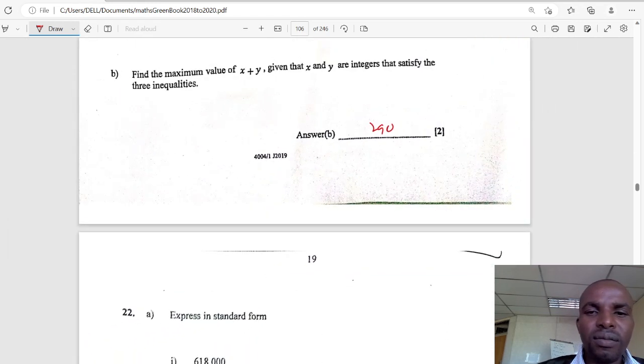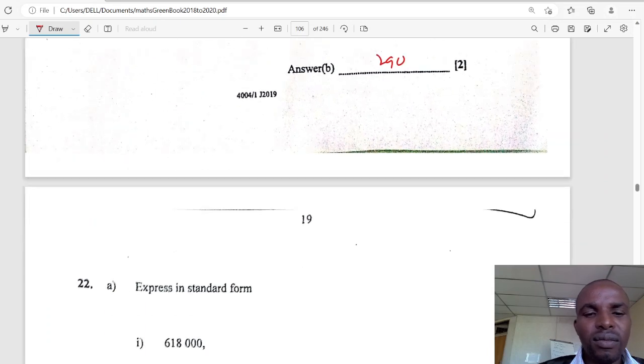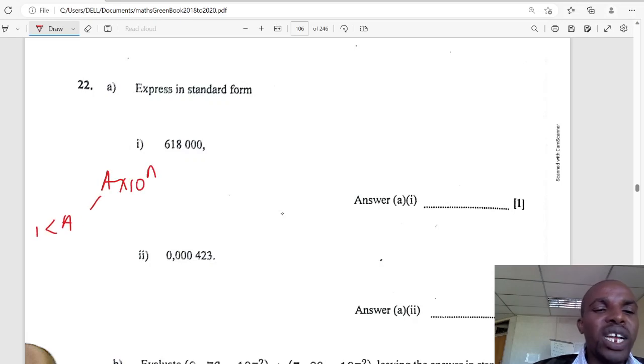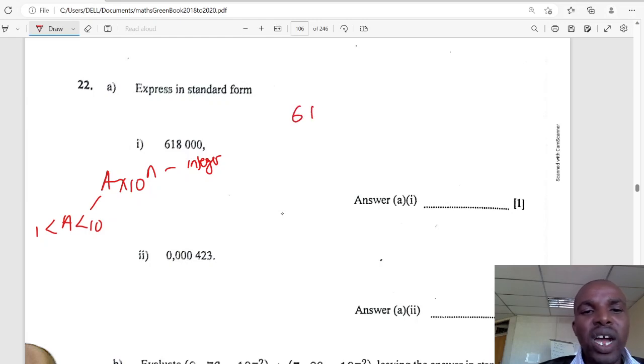Next, expressed in standard form. Standard form is in the form of a times 10 to the power n, where a is the number that is between 1 and 10, and n is a whole number, an integer. It can be negative or positive. So this one, the comma, you can see where it is. So you write 618000, then comma.